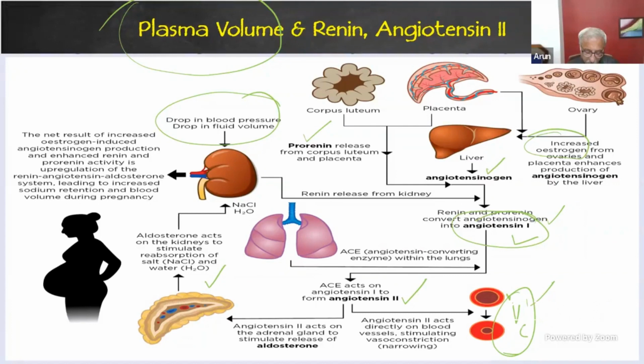Aldosterone acts on the kidneys to stimulate reabsorption of salt and water. So once it reabsorbs salt and water, the net result is an increase in blood volume or plasma volume. Okay. So this is one controlling factor, how blood volume or plasma volume is controlled during pregnancy.